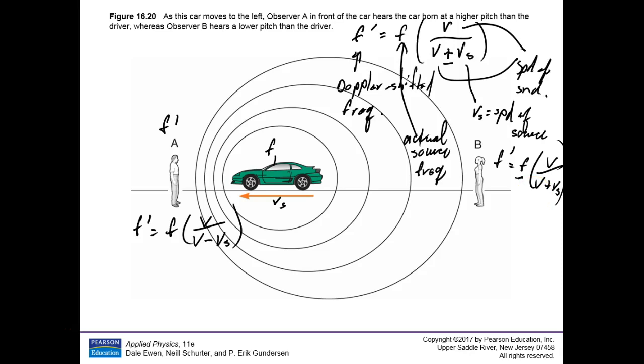So that's how you use that formula. Plus if it's going away from you, minus if it's going toward you. Minus will always increase the Doppler frequency, and the plus would decrease the Doppler frequency.